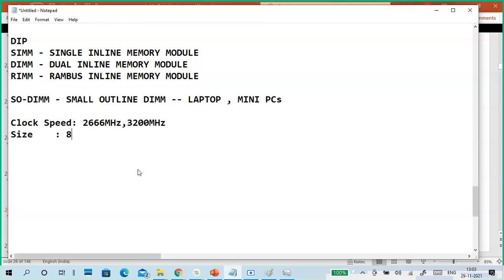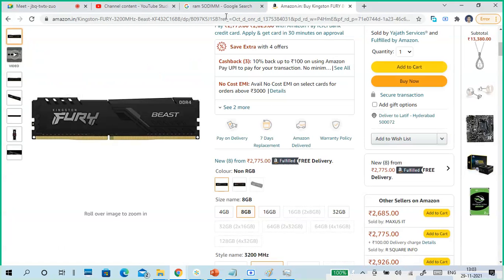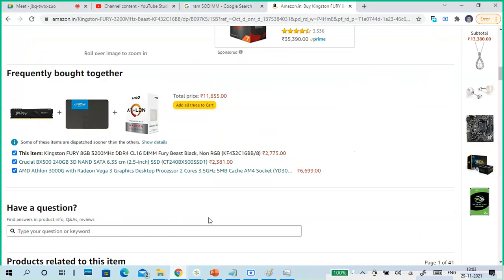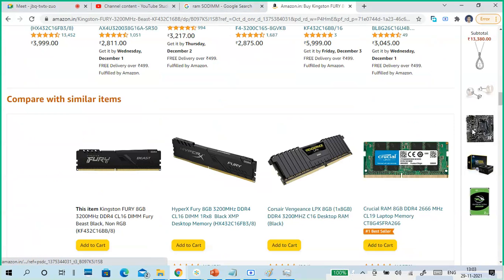Size is like 8 GB. My suggestion is always better to go with 8 GB. Minimum 8 GB is nowadays a better one. So you can go with that. And also we can add more depending upon your motherboard channels. So if you go to the motherboard, right?